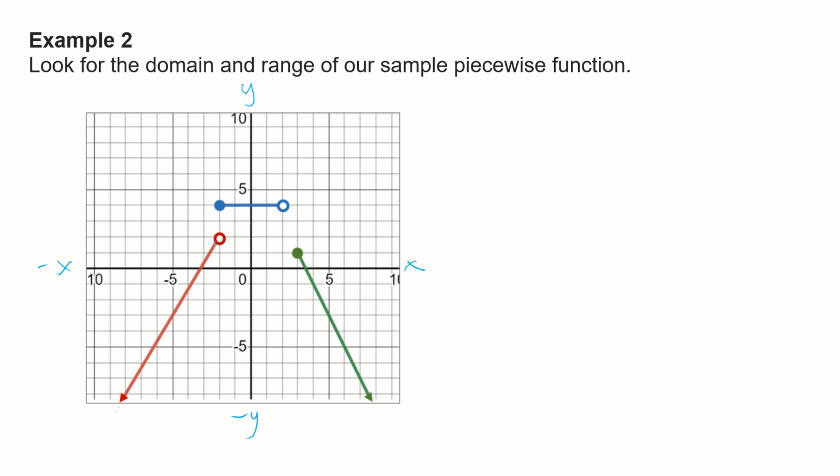Therefore, there are 3 subfunctions. Let's let this red graph be our first subfunction, f1, and then this is f2, and then this is f3. Looking at subfunction number 1, this is progressing towards the negative infinity of x and y.